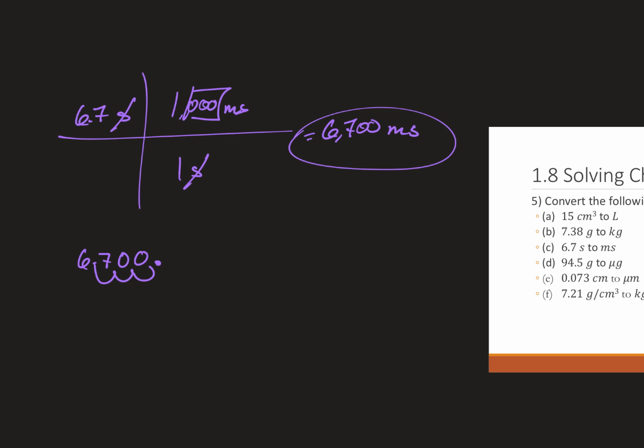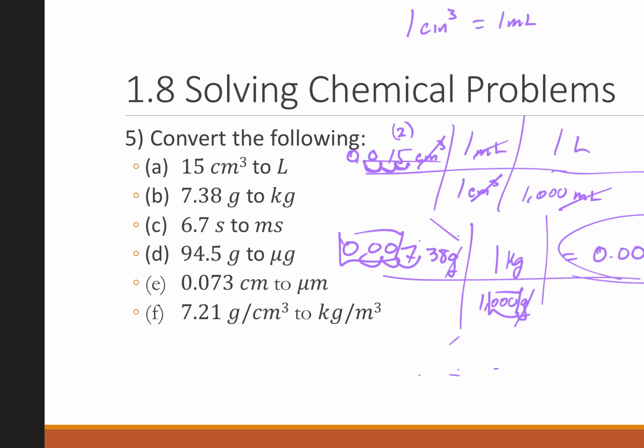The decimal would go there, but we are not including that. It doesn't matter. It's just 6,700. But again, there's 3 place values we're multiplying by from those 3 zeros, and we've got 3 there after the 6 before the decimal now. So the first 2 were going from small units to large. We divided. This third one is from a larger unit, seconds, to a smaller unit, milliseconds, and so we multiplied.